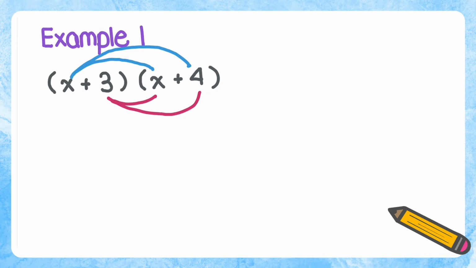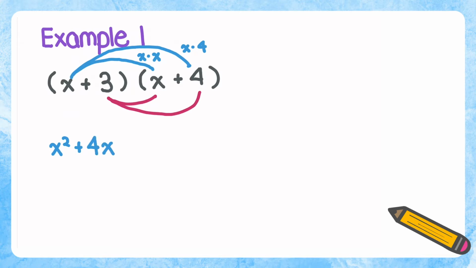Let's take a look at each distribution. For this first one, x times x, and also x times 4. So I can rewrite that as x squared plus 4x.